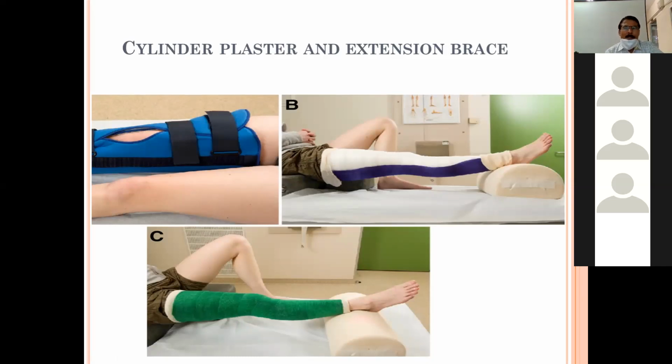But if there is an undisplaced fracture or a stellate fracture, this is the category where patients can be treated either by a plaster or by a brace like this, where the patient is kept in extension and no flexion. If you do flexion, it will probably give more stress to the fragments, and many fragments may get displaced. That is why it is kept in extension.